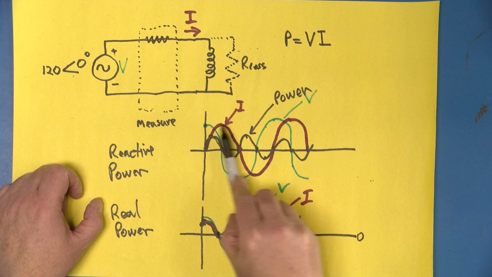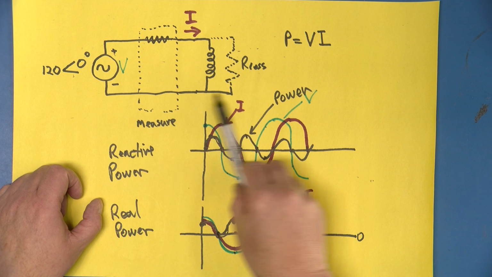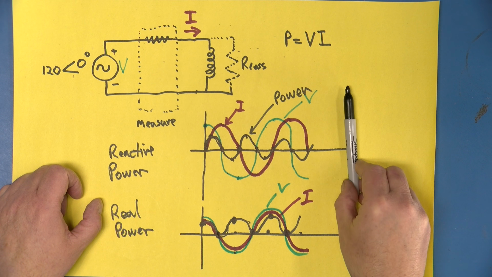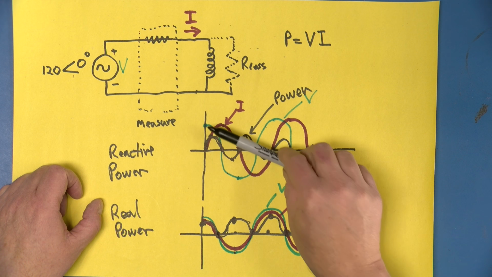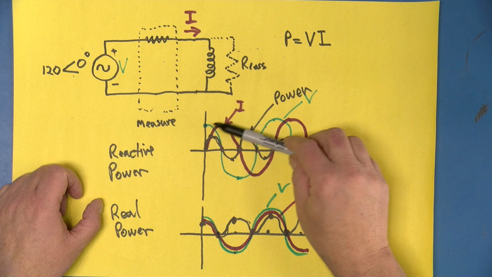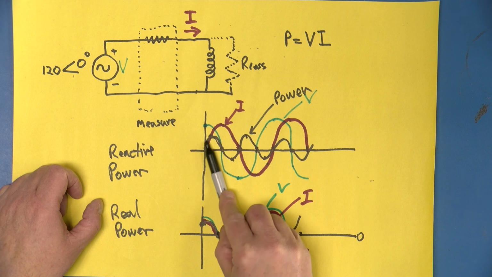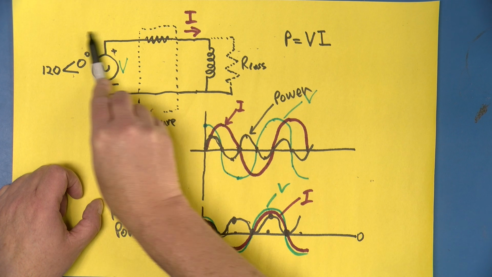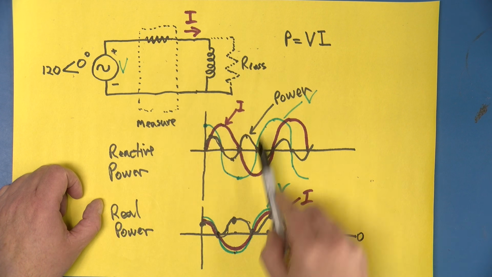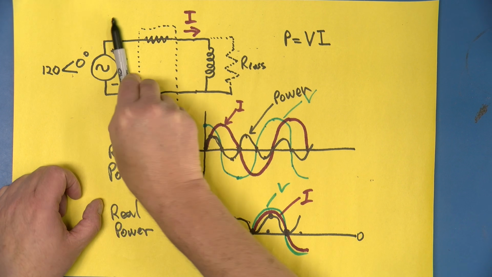And when the voltage and current are out of phase, what we found out is that even though there was current flowing that you could measure with an ammeter, there was no net power flow, because if you multiplied voltage and current together on a pointwise basis, what we could see is during this part of the cycle, we had positive power flow from the source into the load, but then the next part of the cycle, we had the same amount of power coming back.